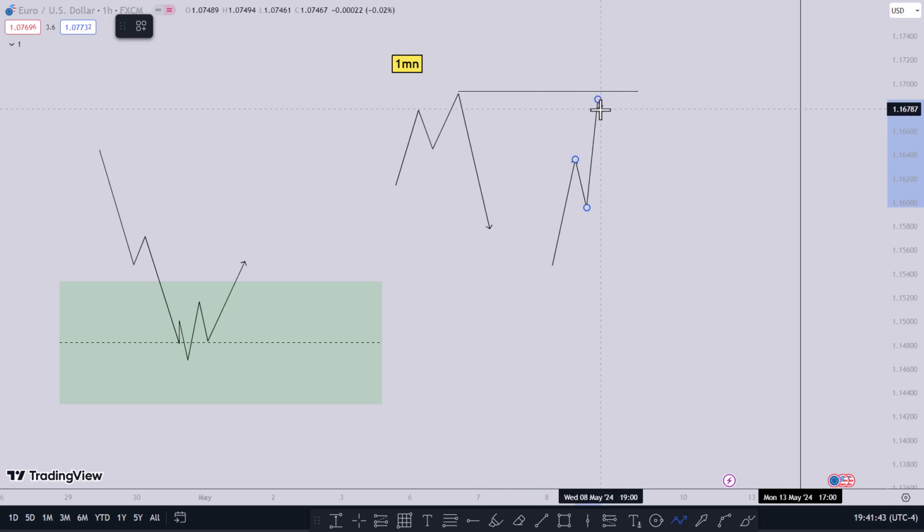So maybe we only have a wick right here, and then closing below the range.